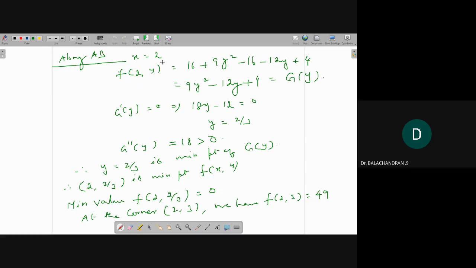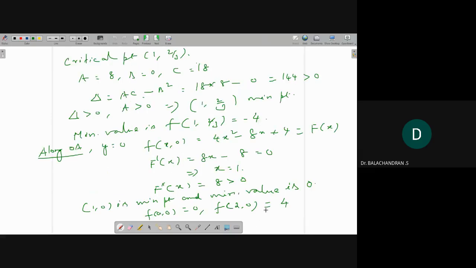Similarly, for x equal to 0, also 0. The last case also 0. So here the minimum value is what? The minimum value is 0 here, and here 4.